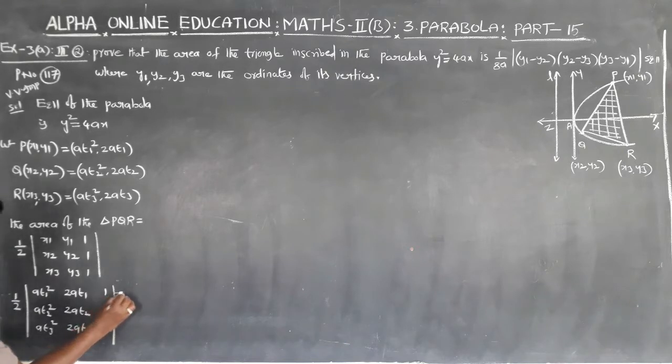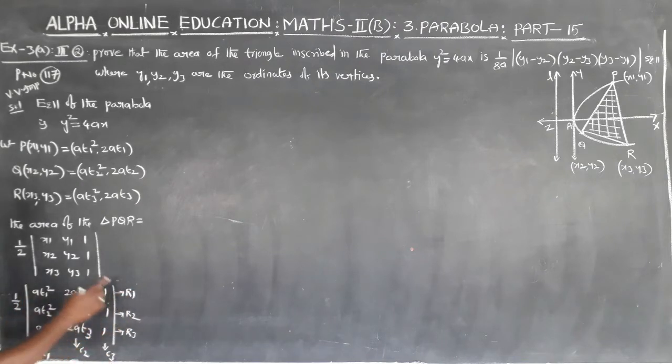This is the first row, this is the second row, this is the third row: row 1, row 2, row 3. This is the first column C1, this is the second column C2, this is the third column C3. These are the rows, these are the columns.